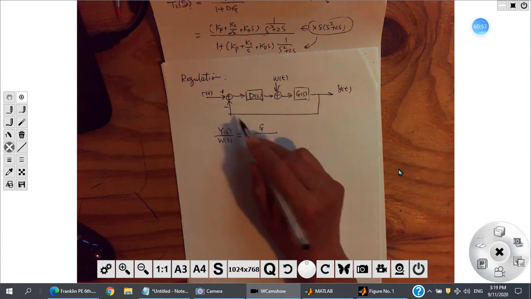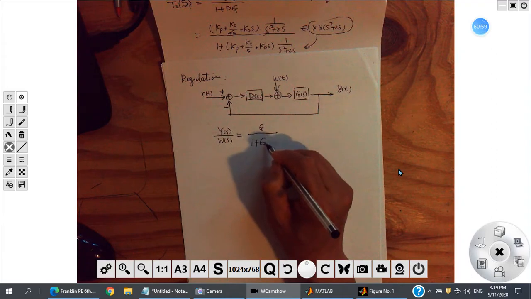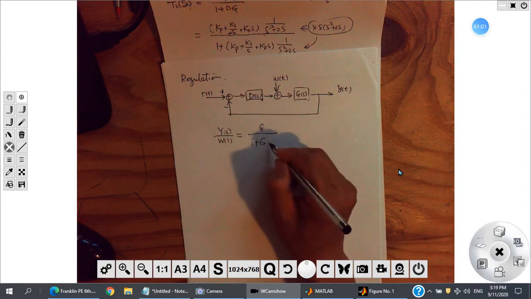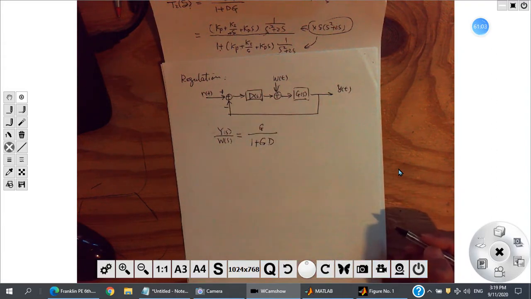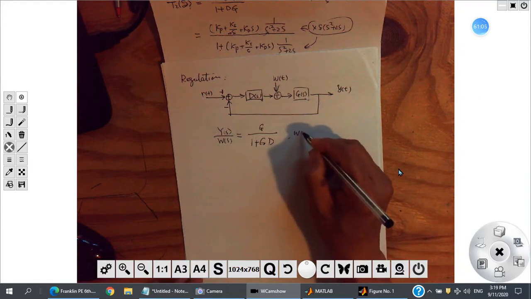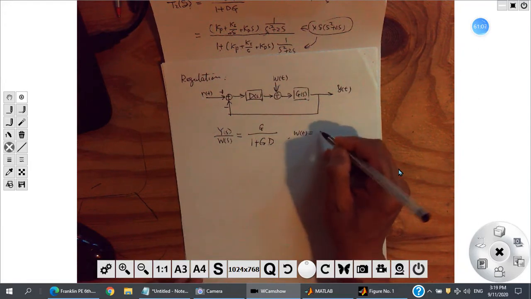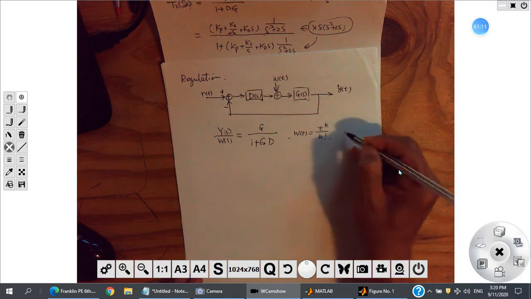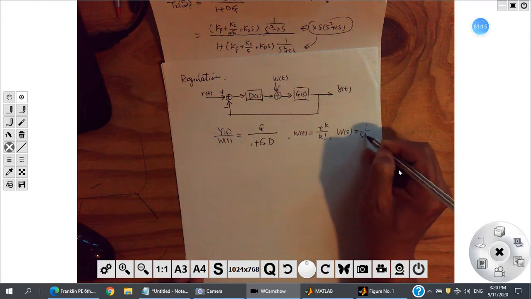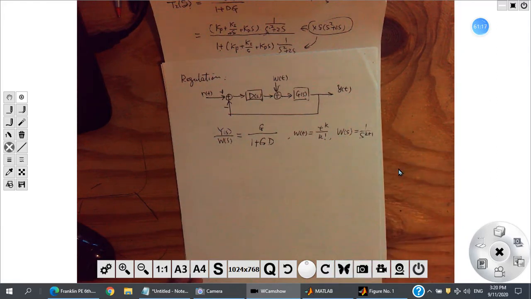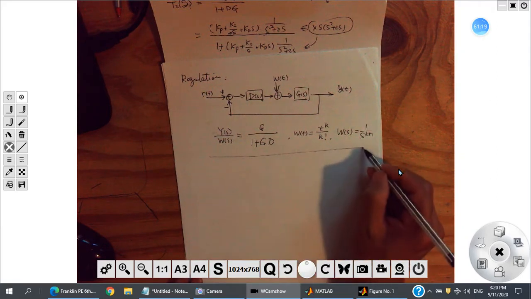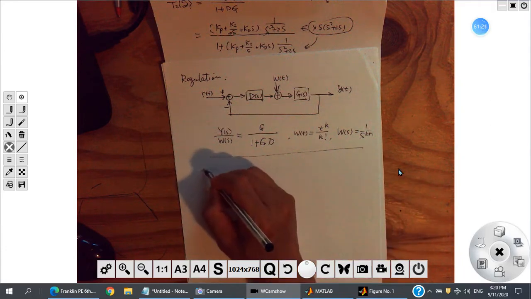That loop is negative G and D and G. And W, we suppose that W is also some polynomial, T to the K over K factorial. That means W of S is 1 over S to the K plus 1. Alright, so we have these, and we want to check the limit when T goes to infinity.